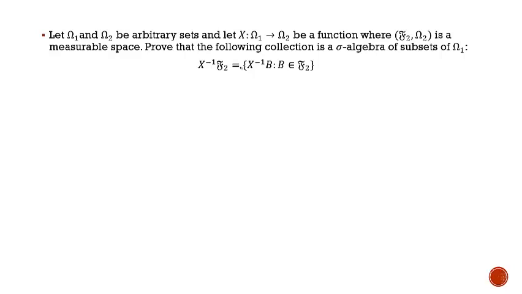It's a fairly powerful result for probability theory. This is used in the topic of random variables. Implicitly, F2 is a sigma field or sigma algebra of omega 2.